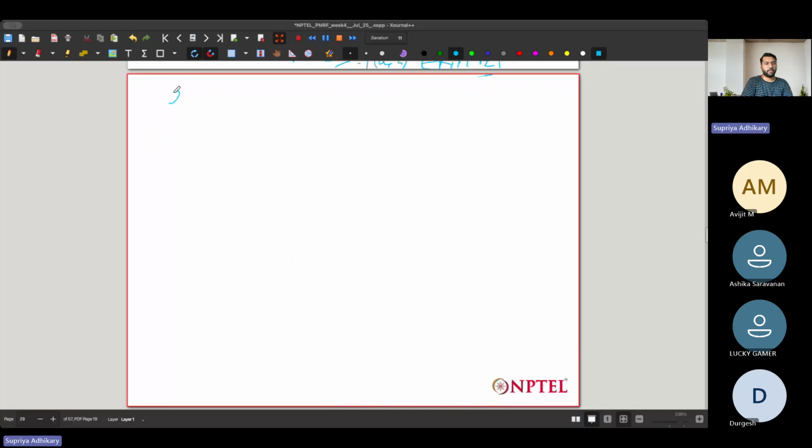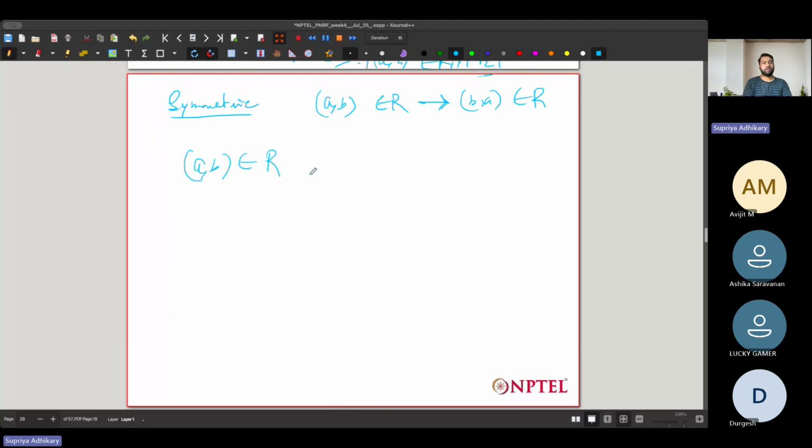Okay, so now for symmetric. For a symmetric relation, what we have to prove is that for any AB belongs to R, this should imply that BA also belongs to R. So we consider any pair AB in R. This implies that AB belongs to R1 and AB belongs to R2.